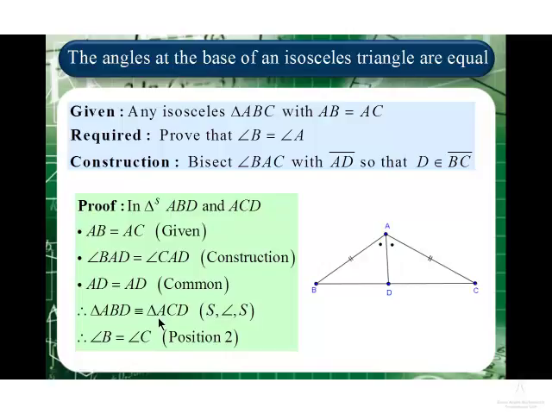Now what does it mean for two triangles to be congruent? Same shape and same area, so they fit exactly on top of each other, and from that we can deduce that angle B must be the same as angle C for this particular figure. So it proves that the angles at the base of an isosceles triangle are indeed equal.